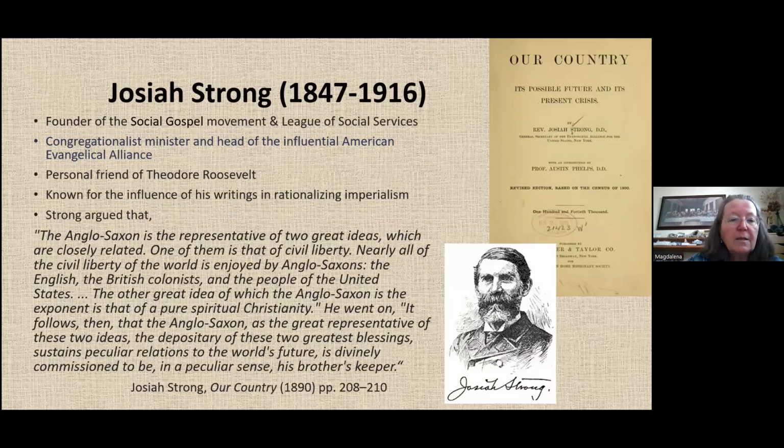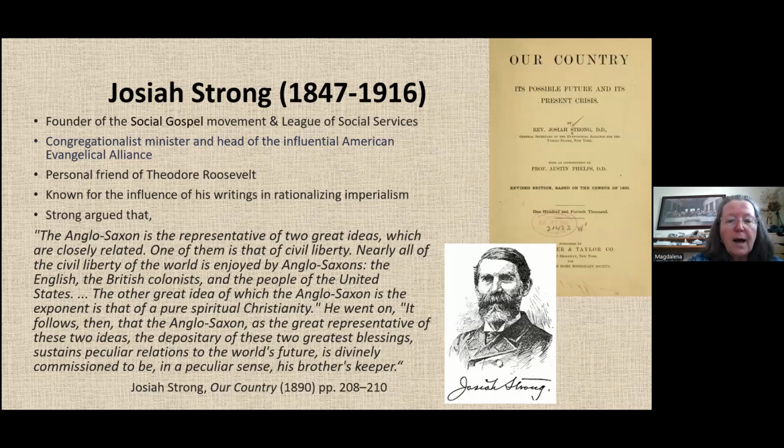He argued that the Anglo-Saxon is the representative of two great ideas, which are closely related. One of them is that of civil liberty. Nearly all of the civil liberty of the world is enjoyed by Anglo-Saxons, the English, the British colonists, and the people of the United States.